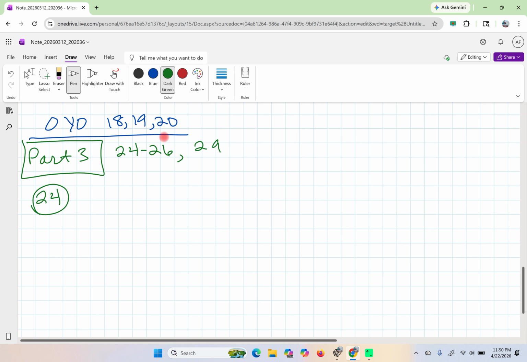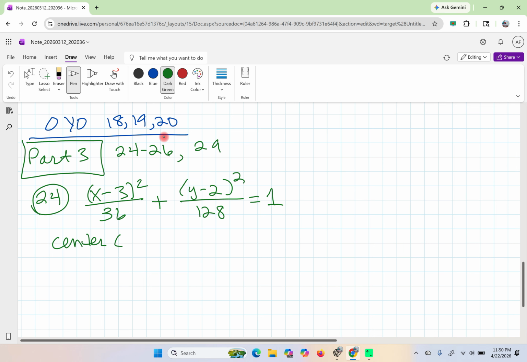And 24, we are starting with this equation. All right, we can see that the center is at 3, 2. So we need an A value. Actually, the equation asks us to find the major axis and the minor axis.